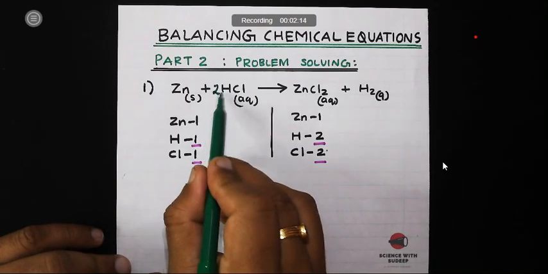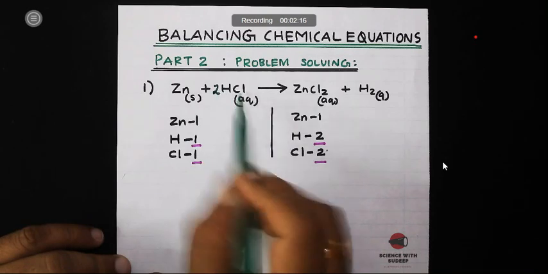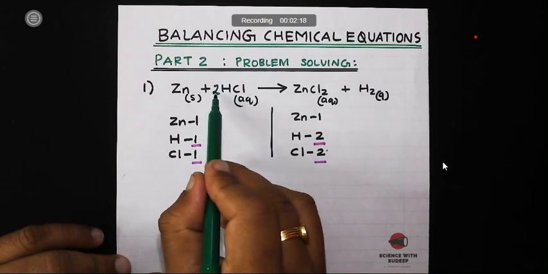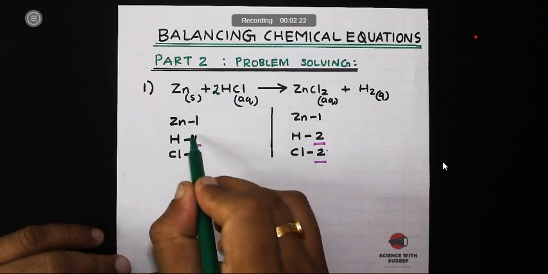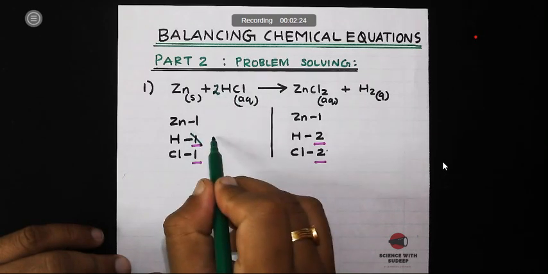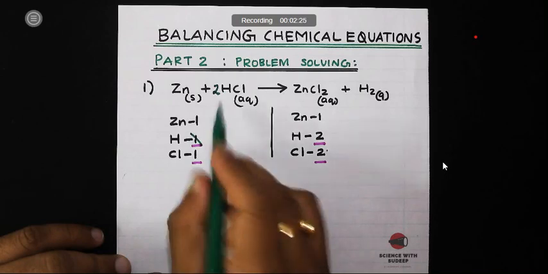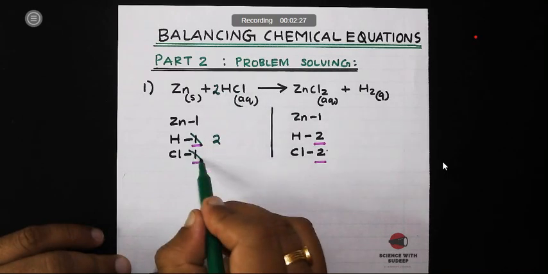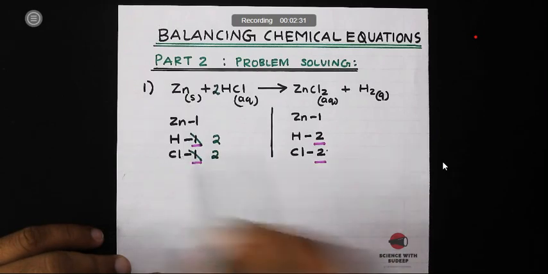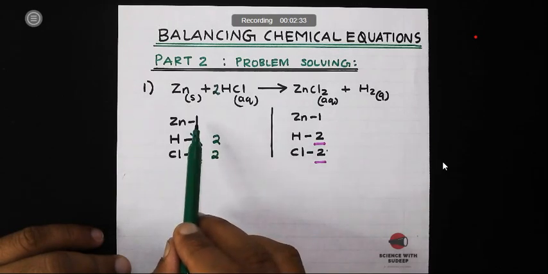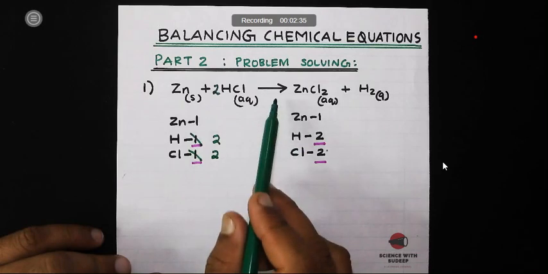Now this 2 belongs to both hydrogen and chlorine. So after you put the coefficient 2 here, the number of hydrogen is no longer 1, it becomes 2. The number of chlorine is no longer 1, it became 2. So now look at the number of elements on either side of the arrow.